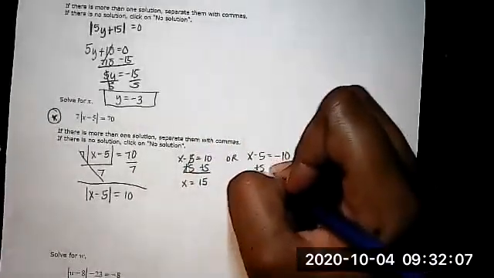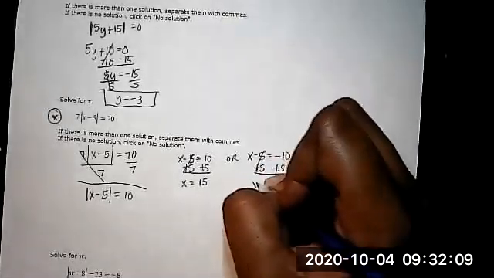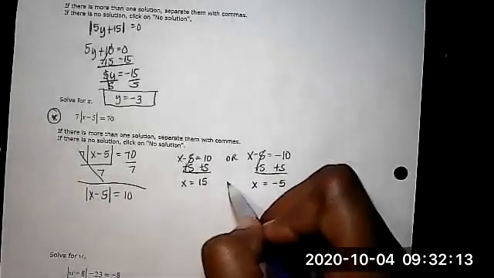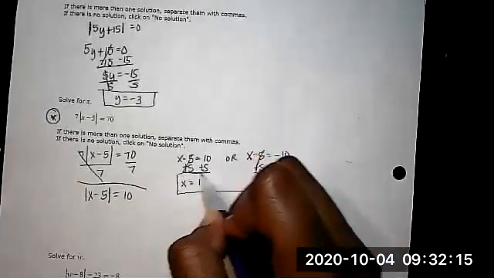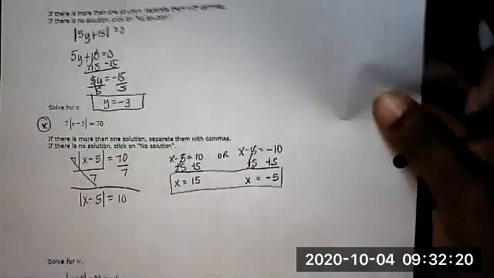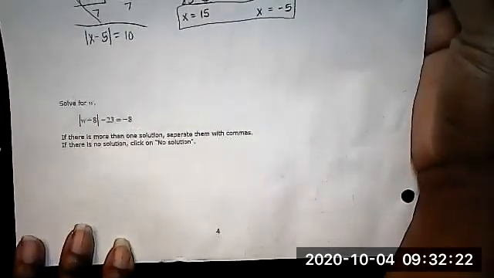And then add 5 here. The other value is negative 5. These are your solutions for this problem. I have 2 solutions with absolute value for the most part. Try that last one on your own. Should warrant a good answer. Pretty straightforward, kind of like the one we just did.